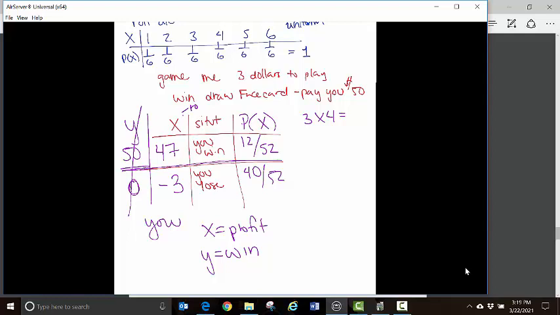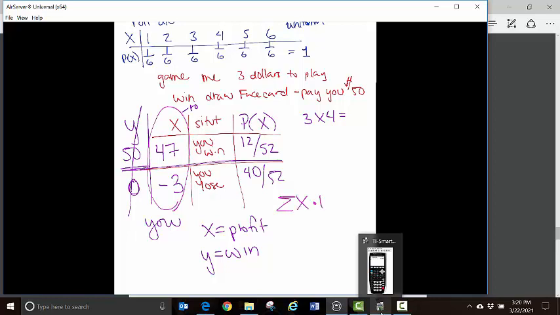Question: what is the expected value of this distribution? What would you do? What's the average? The expected profit would be the sum of every value times the chance of it happening.